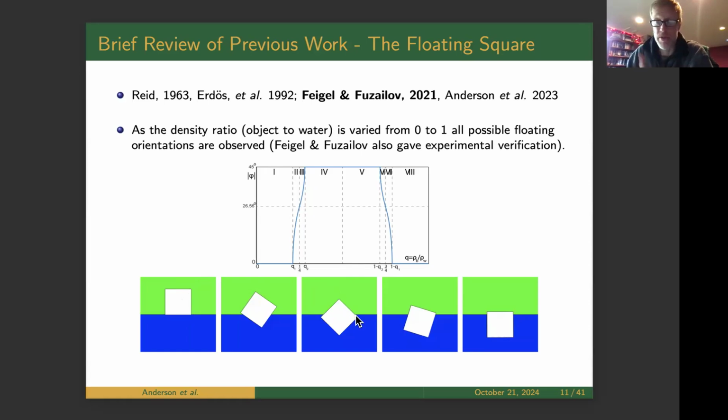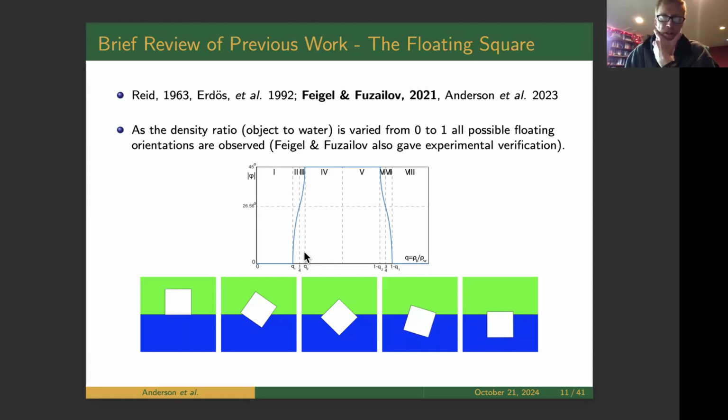The square floats corner side up, or corner up. And then over here for high density ratio, so an iceberg would be something like 0.9 on this right side, you have a square floating flat side up again, deeper in the water.